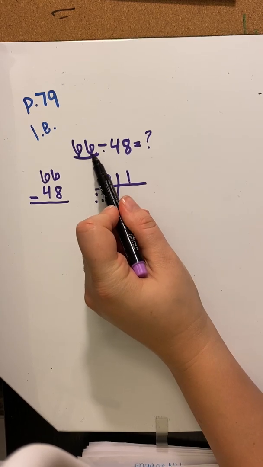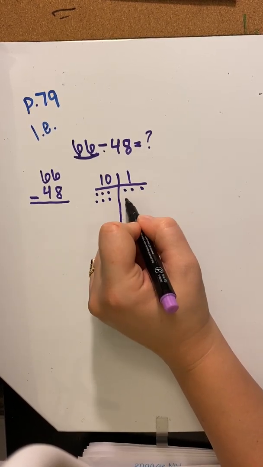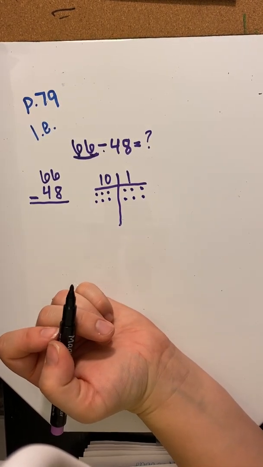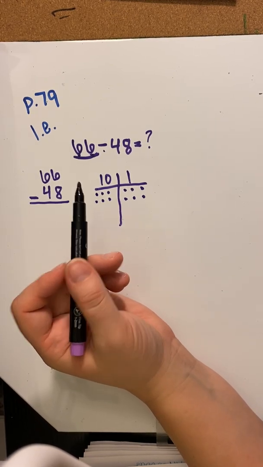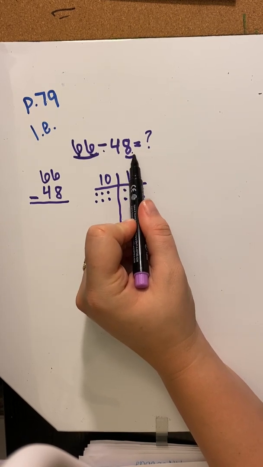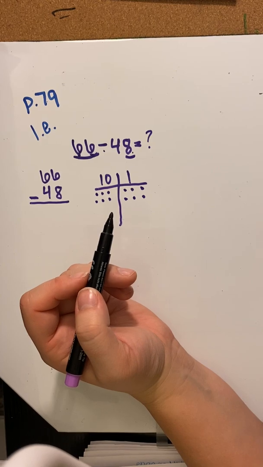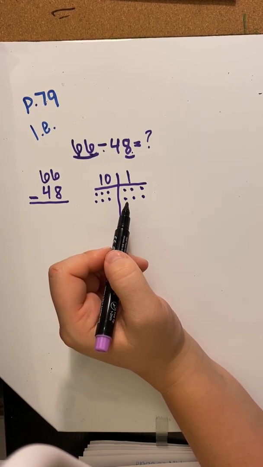And then we have 6 ones. 1, 2, 3, 4, 5, 6. Great job. Okay, so now we need to take away 48, and we are always going to look over at the ones spot first to see if we are able to make this happen with how it is set up here, or if we need to borrow.